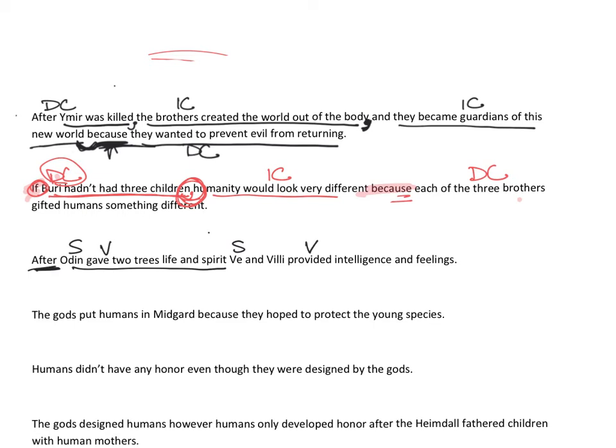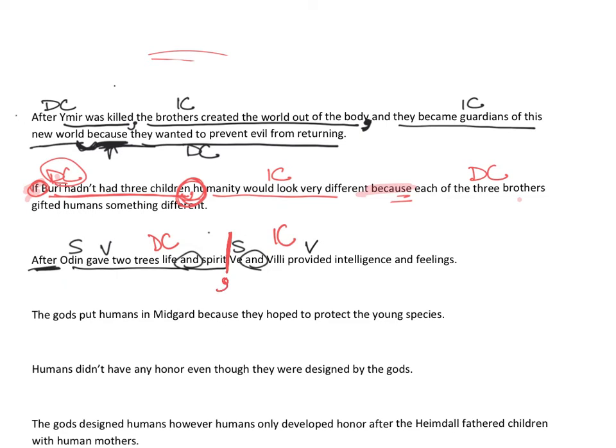Because you have so many ands going here, it was really confusing about what is connected with what. That's what the comma does. The comma says, stop right here. This is where the DC ends, and this is where the IC begins. That way you don't have to reread, and wherever the DC ends and the IC begins, you put a comma.